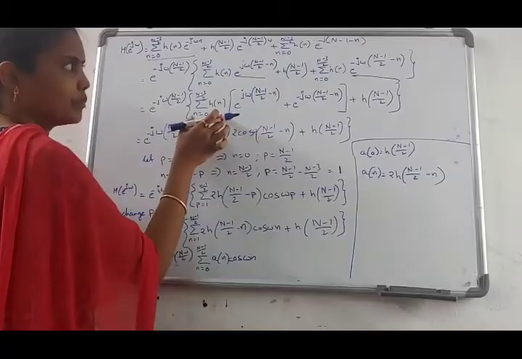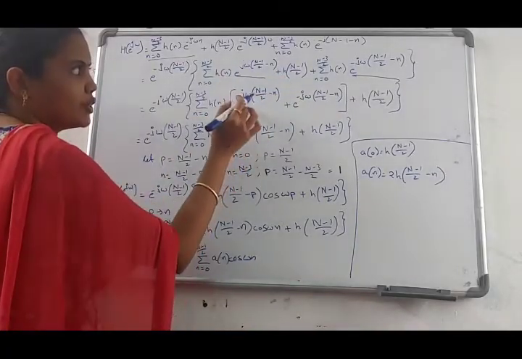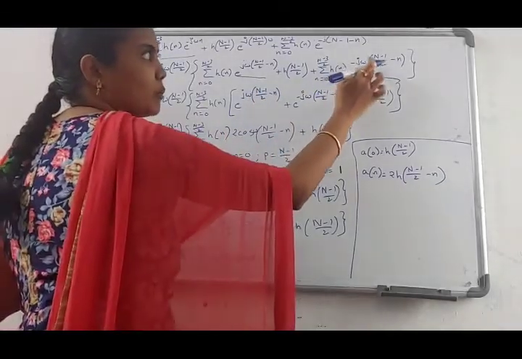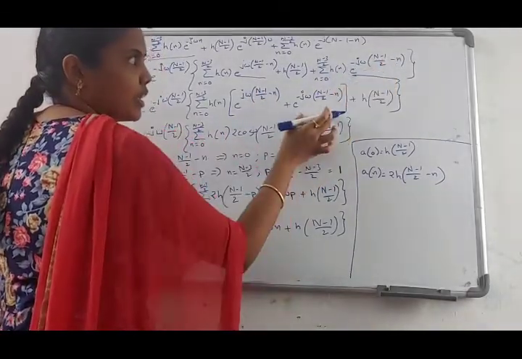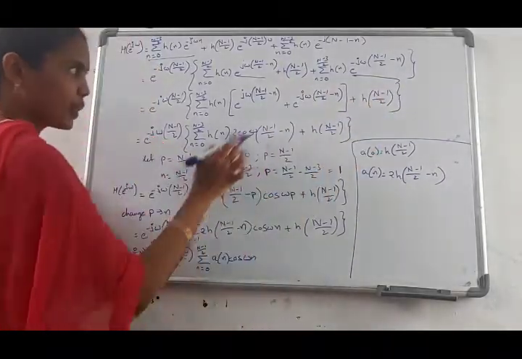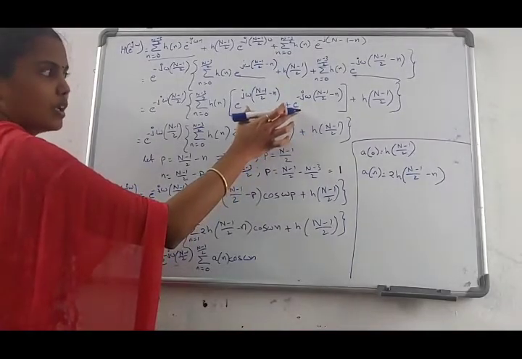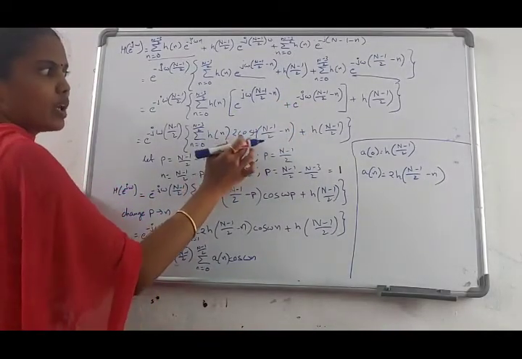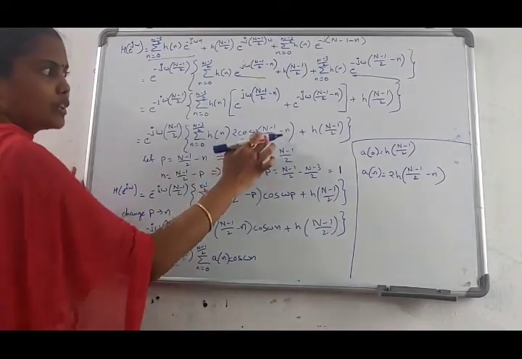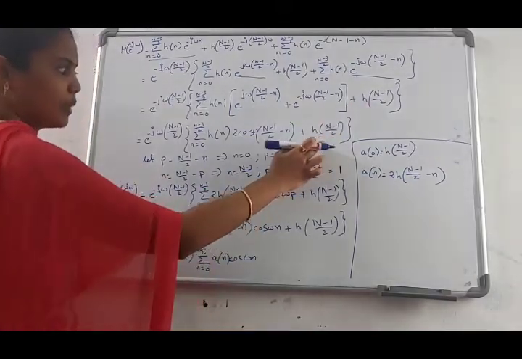Taking that term common, the remaining terms are e power j omega ((N minus 1)/2 minus n) plus e power minus j omega ((N minus 1)/2 minus n), plus h of (N minus 1)/2. So it is in the form of cos. So you have to write this term as 2 cos omega ((N minus 1)/2 minus n), plus the remaining part h of (N minus 1)/2.